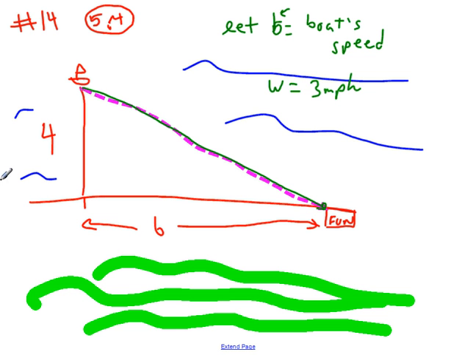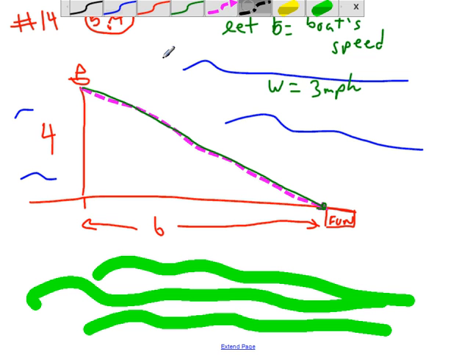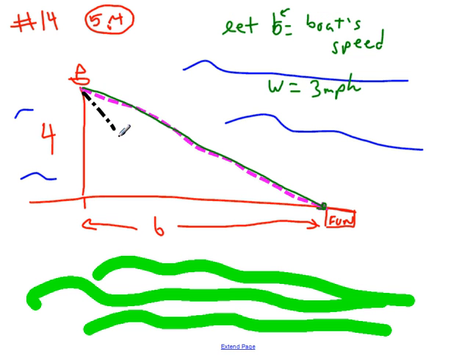Okay, so the idea is, let's suppose that we go somewhere to shore. So we row somewhere to shore, and then from there we walk. So it's going to be some sort of combination of rowing and walking. And what we're going to do is make it so that it's all rowing.